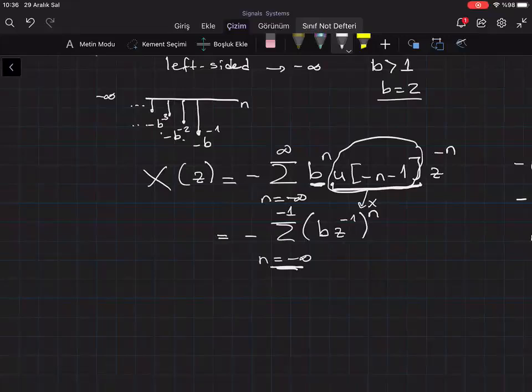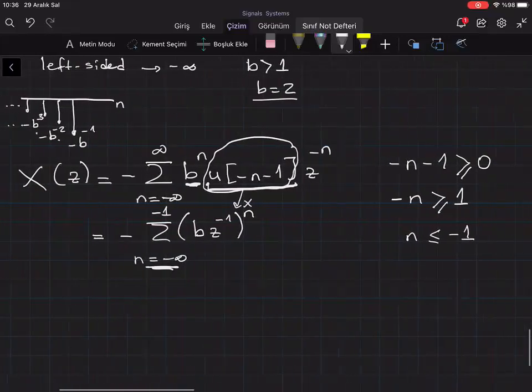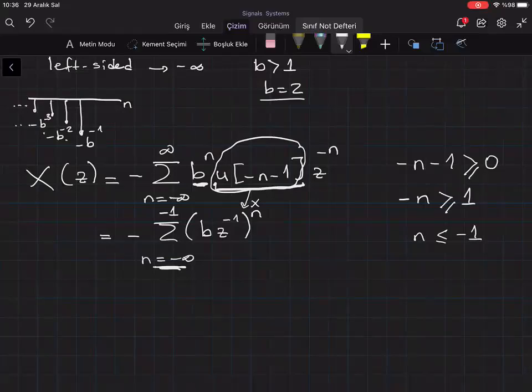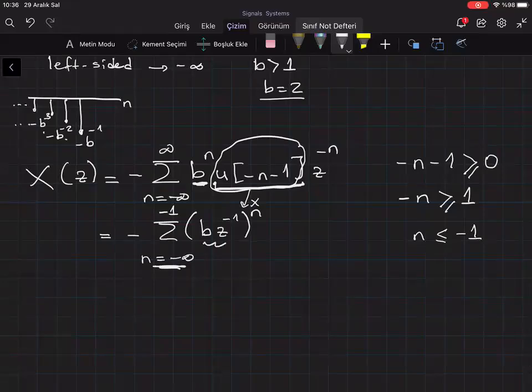Are you with me, guys, in terms of this part? Yes. Now this is my alpha. I'm going to assume that alpha is less than 1. Okay, but not now. Let me do some changes.